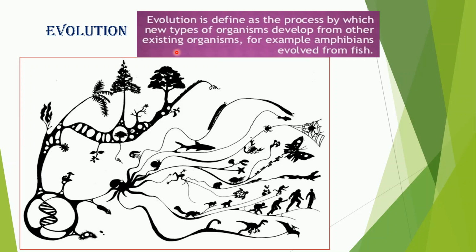Then the question comes, how did they evolve, or what made them different from the previous organism or from the other organism? That is evolving in terms of the characteristics. When we talk about evolution, it starts with the simplest characteristics and goes to the complex characteristics.